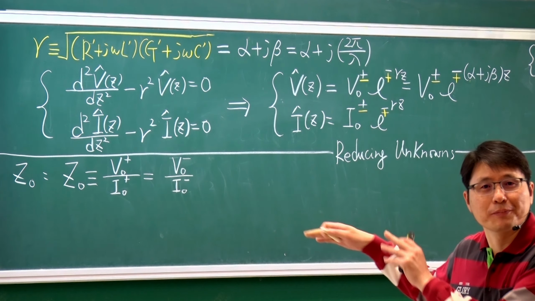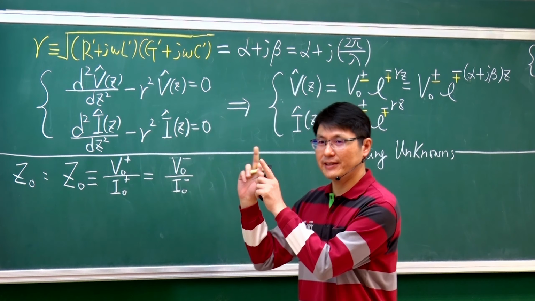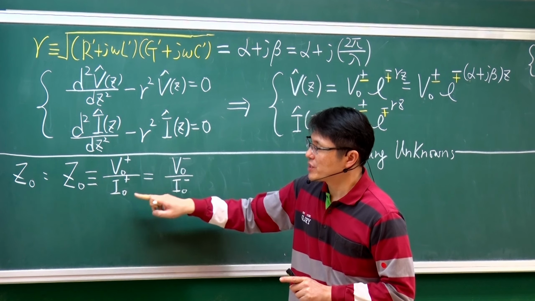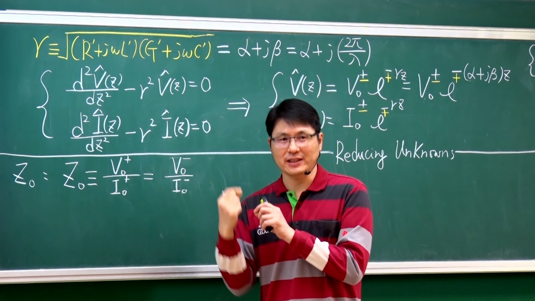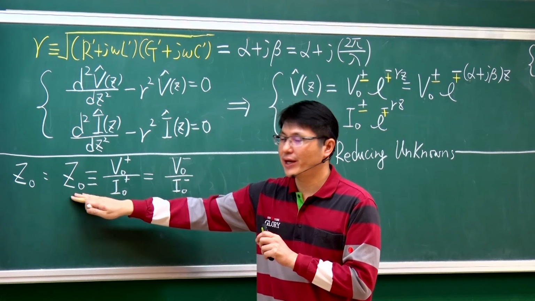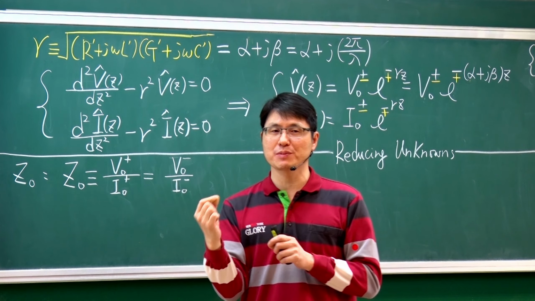But can you see what I'm trying to do? If voltage and current amplitudes are somehow linked together through a constant, then that constant is provided by the transmission line.